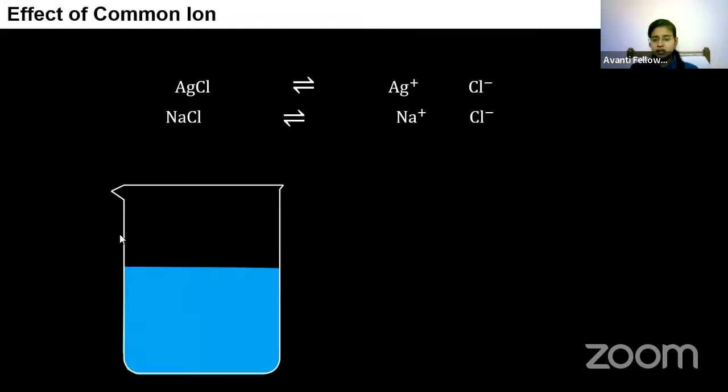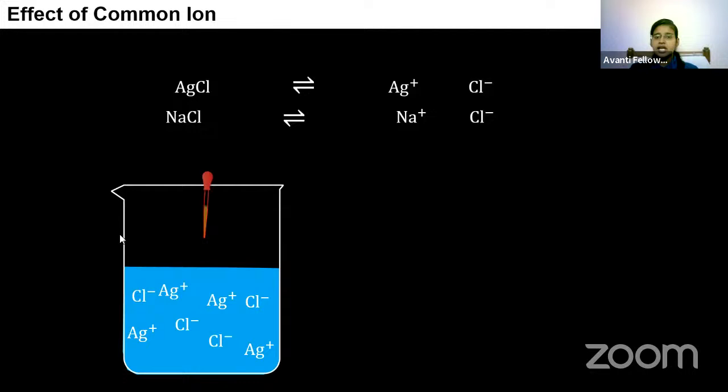So coming to the effect of common ion, let me take one reaction. I am going to take silver chloride compound and that will be in equilibrium with Ag plus ion and Cl minus ion. And if I take NaCl, that will produce Na plus ion and Cl minus ion. So in a beaker, initially I have silver chloride. So Ag plus and Cl minus will be there.